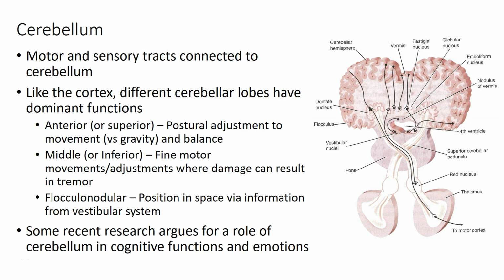And the flocculonodular lobe is involved in adjusting movement for your position in space, via information you get from the vestibular system. So whether you're standing up or lying down, leaning forward, etc.